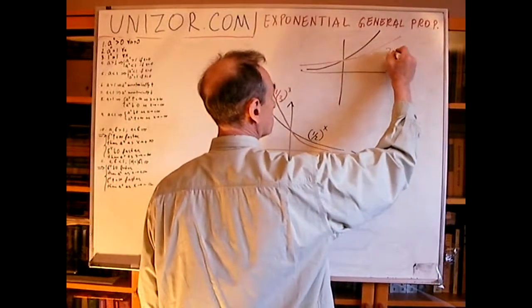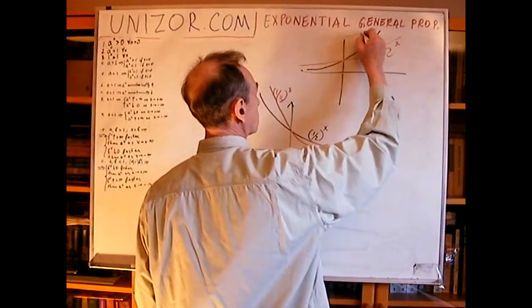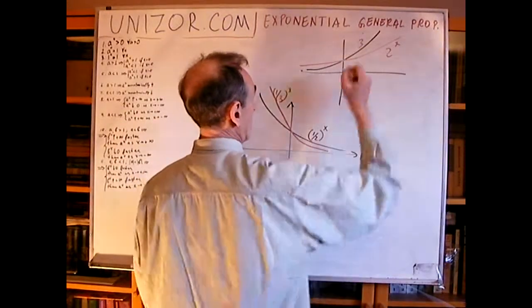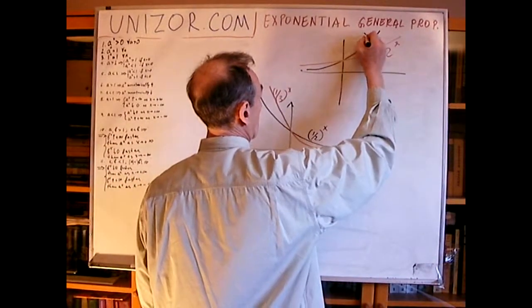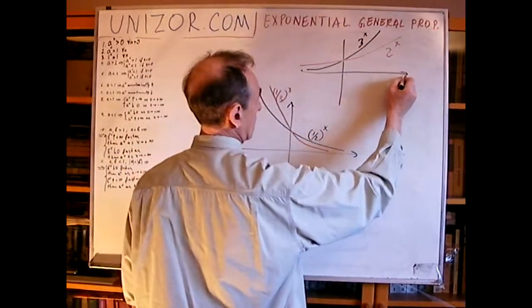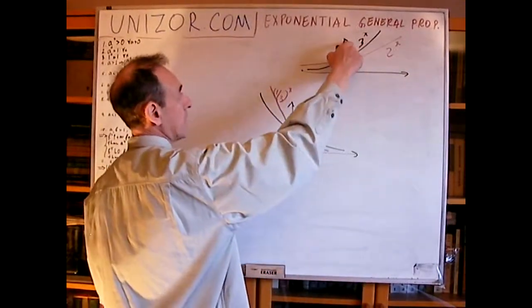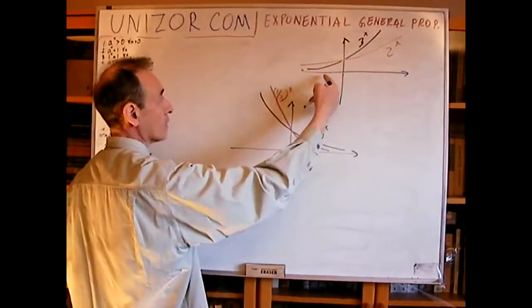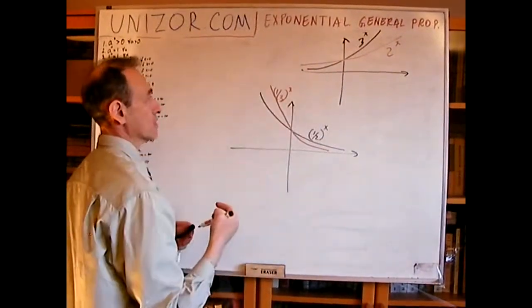This would be 2 to the power of x, this will be 3 to the power of x. The greater the base, the higher it is for the positive x, and the lower it is with the negative.